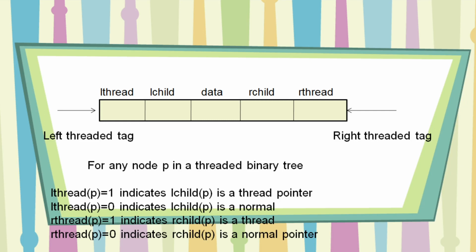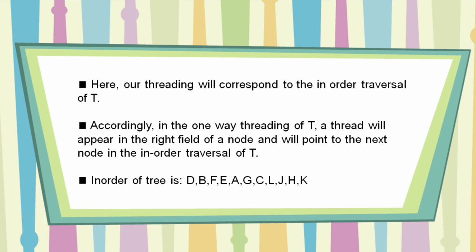For that we have taken these cases: left thread equal to 1 indicates the left child pointer is a thread pointer, or else if the value is 0 it indicates the left child is normal. Right thread of value 1 indicates the right child is a thread. Similarly, right thread equal to 0 indicates the right child is a normal pointer. Our threading will correspond to in-order traversal of the tree.